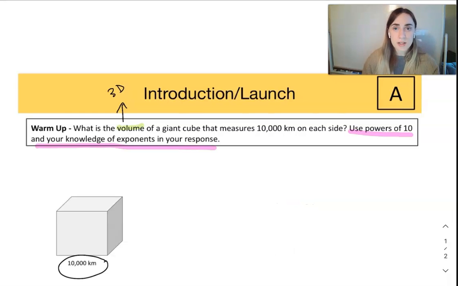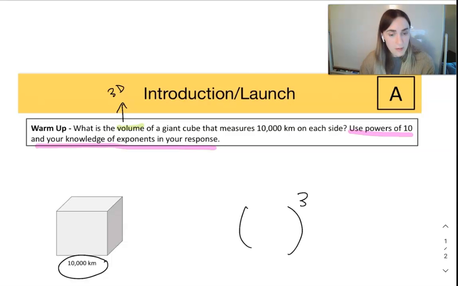So the expression that you end up with in order to solve your warm-up might look like that to the third power. Because remember, we said volume is 3-dimensional, which means we need to multiply 3 lengths, and since it's a cube, they will be the same length.